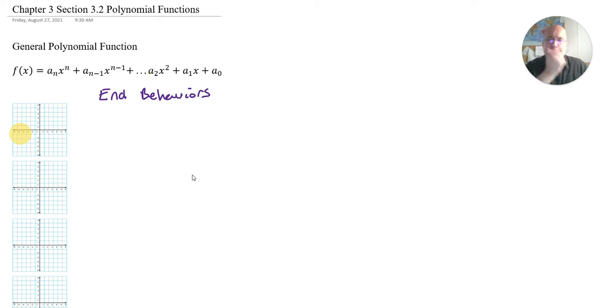The end behaviors are going to be based on that first coefficient, a sub n, and the first power of x. And there are going to be 4 options. We could do a little grid here, but I'm not going to.